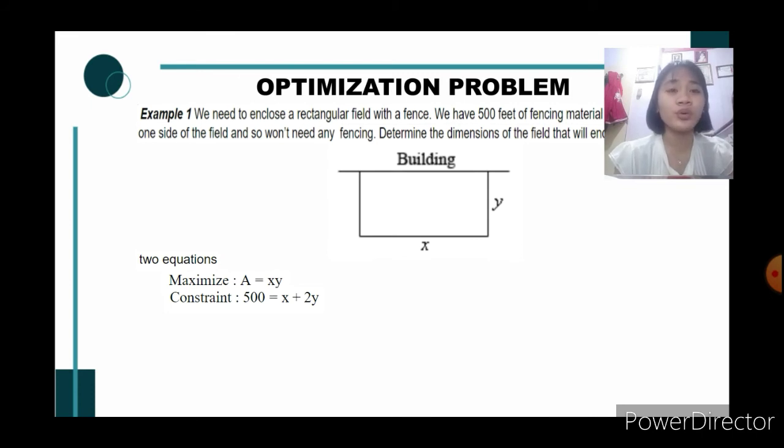So, hindi mag-work yung method na ginamit natin kanina. However, if we solve the constraint for one of the two variables, we can substitute this into the area, and we will have a function of a single variable. So, let's start solving the constraint for x. So, x is equal now to 500 minus 2y.